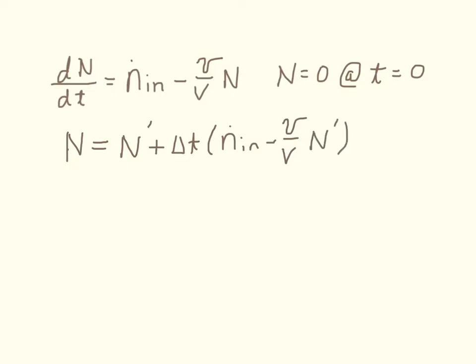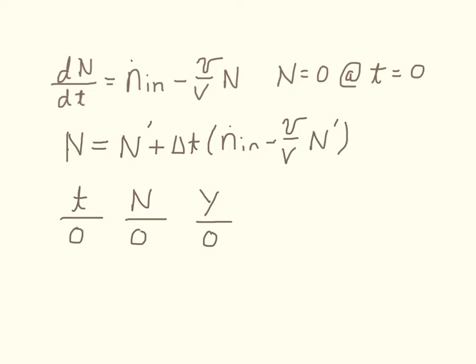And then we set up a spreadsheet where we have the columns T, N, and then you can also have a calculation of Y, the mole fraction. So time will start off at 0, and we set n equals 0 at that time, and the mole fraction will be 0. So you can set those.